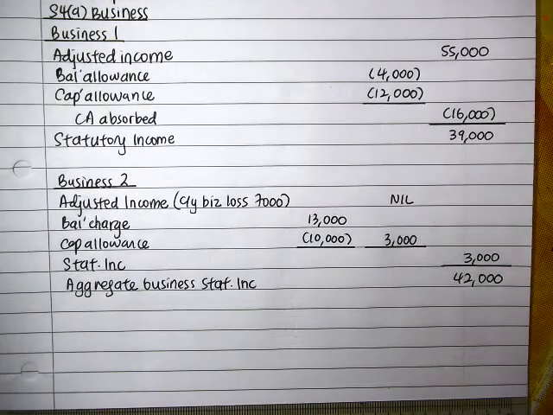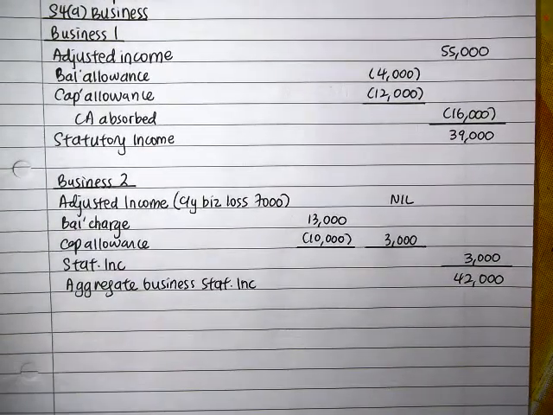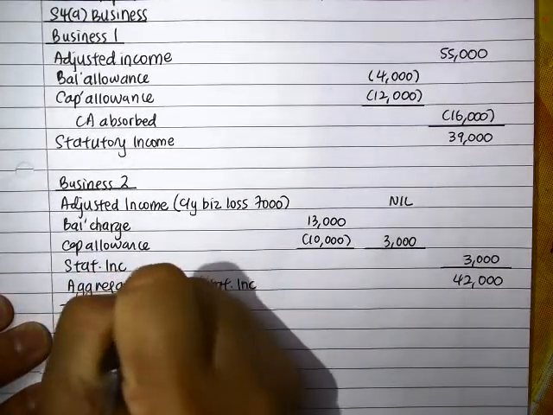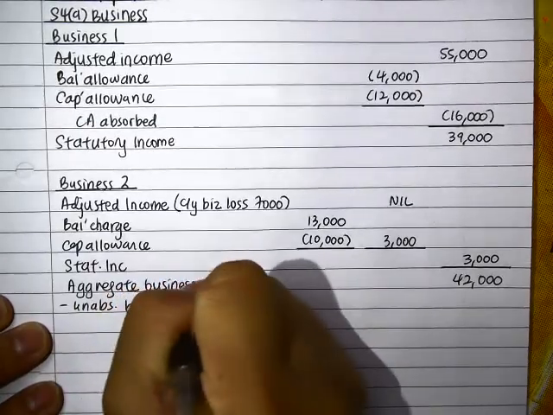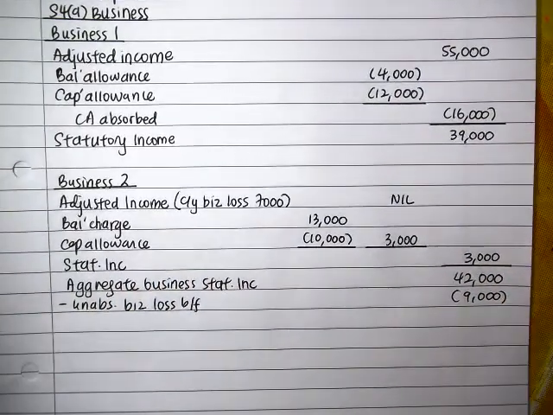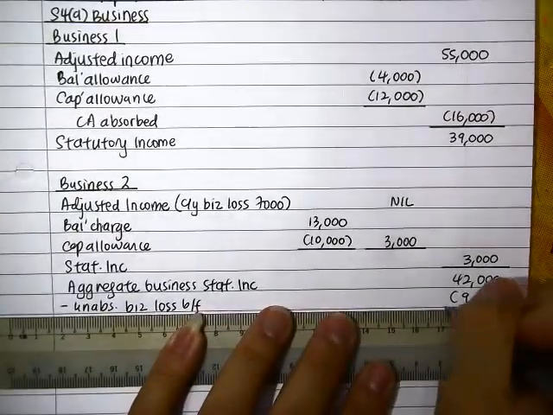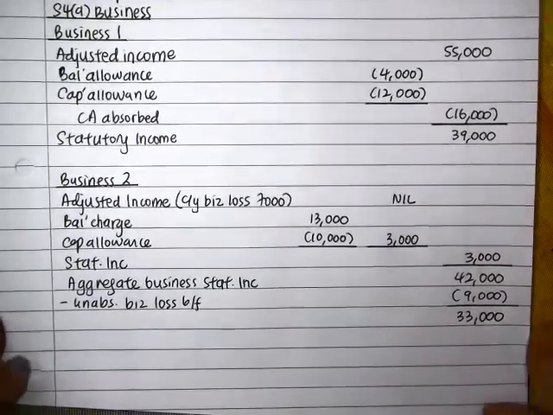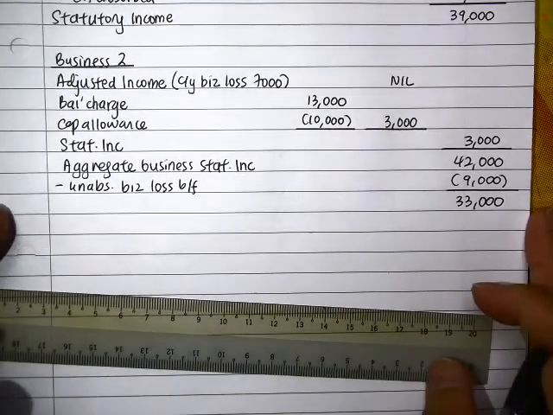It is to claim unabsorbed business loss. The unabsorbed business loss brought forward is 9,000. We're left with 33. Alright?